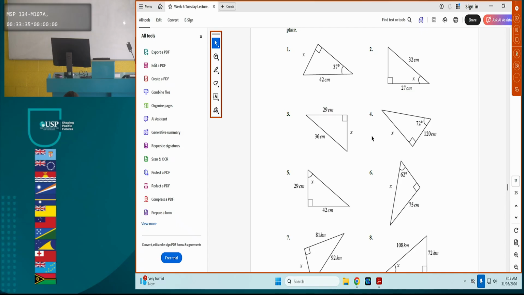We'll move the 120 to the left, multiply to the left. x equals 120 times tan 72. That is x equal to, correct to 2 decimal places. What is it? 369.32. What's the unit? Centimeters.